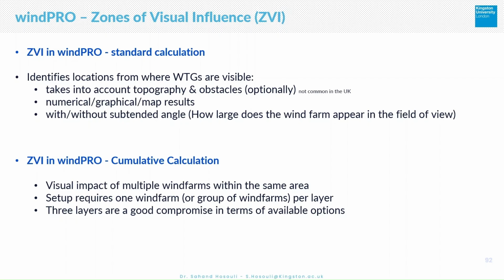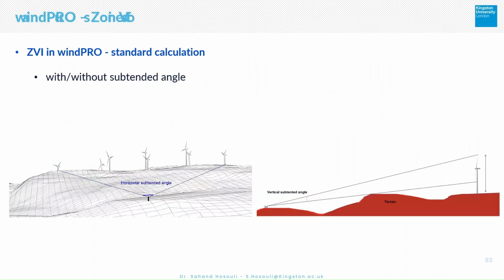In terms of cumulative calculation, as the name suggests, it will be able to give us the visual impact of multiple wind farms within the same area. You need to take different actions, but one of them would be to group the wind farms in different layers, and 3 layers are a good comparison in terms of the available options.